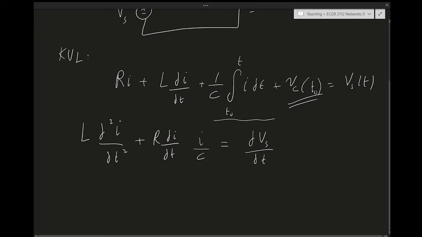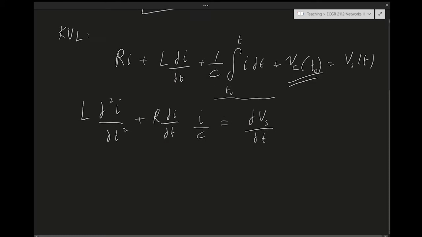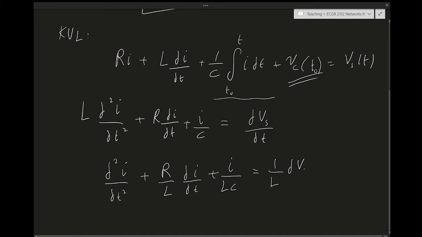Now we contrast this with the general form. First let me divide everything by L. I end up with d squared i over dt squared plus R over L di by dt plus i over LC equals 1 over L dVs by dt.